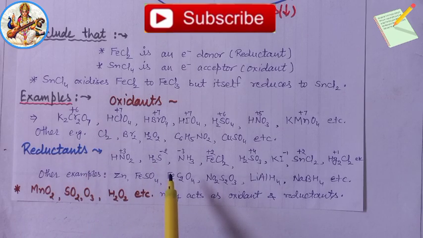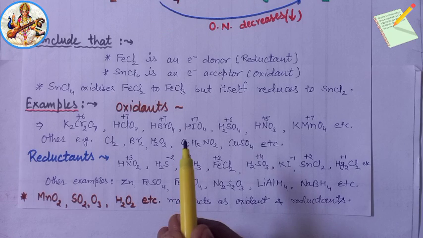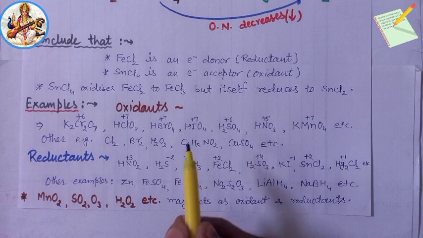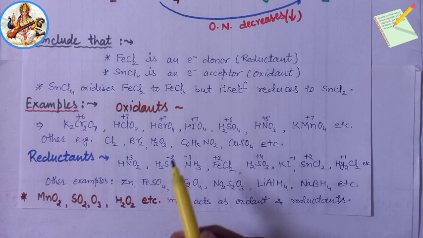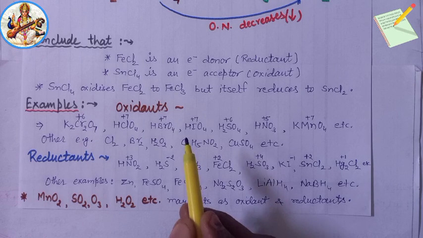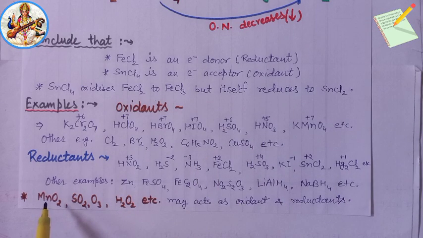Very important. If the oxidation number of an element in a compound is between minimum and maximum, then the compound may act as both an oxidizing as well as a reducing agent. For example, MnO2, SO2, O3, H2O2, etc.